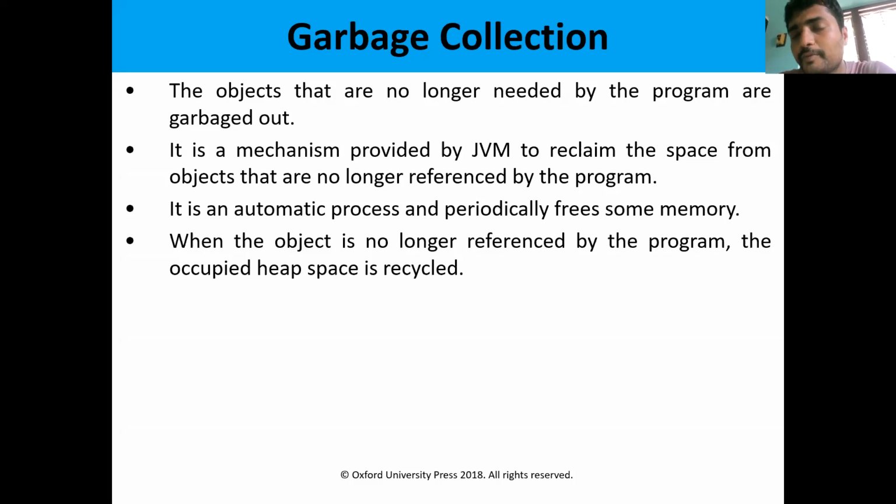If you don't use the variable, the memory is automatically occupied by another object. That can be done dynamically in Java. To perform that, we have many methods. Finalize is the method used to perform this task, freeing the memory. That is called garbage collection. So this is all about the classes and objects. Let us move on to the methods.